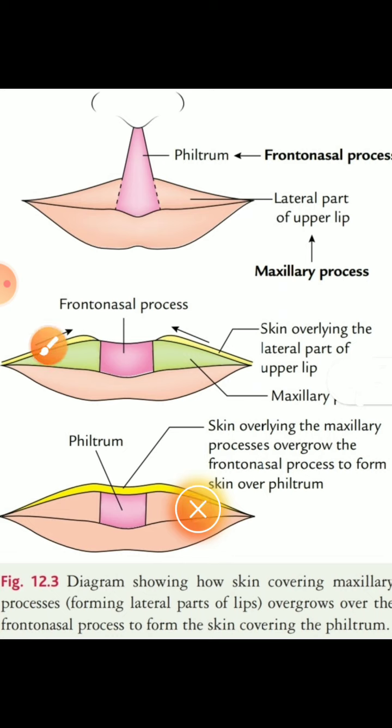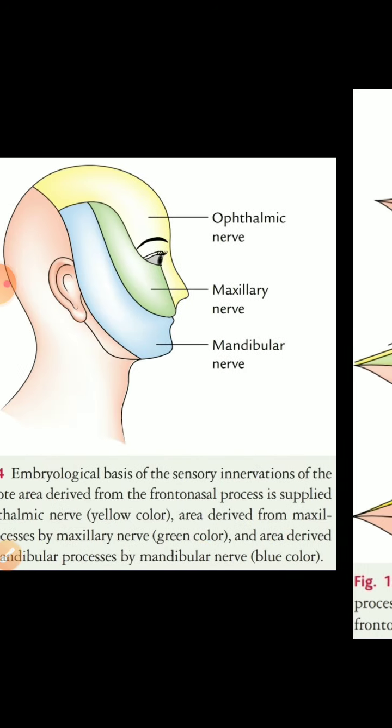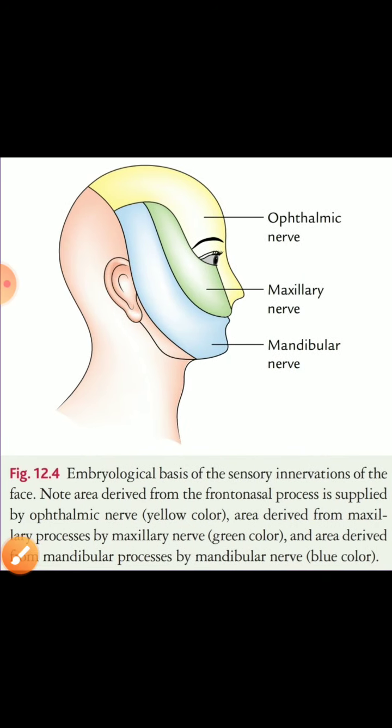The yellow color is the skin. It grows over the frontonasal process to form the skin over the philtrum. So this is the diagram which shows how skin covering the maxillary process overgrows. That can be seen.